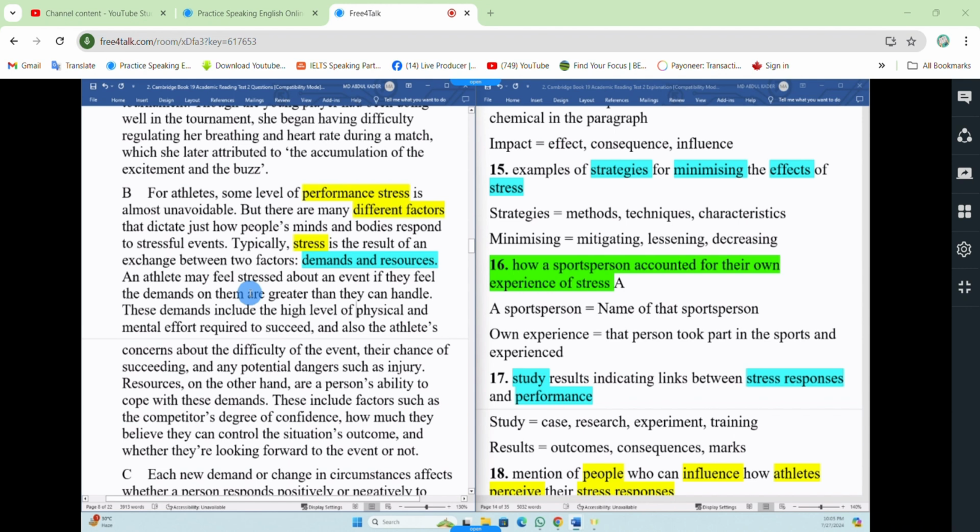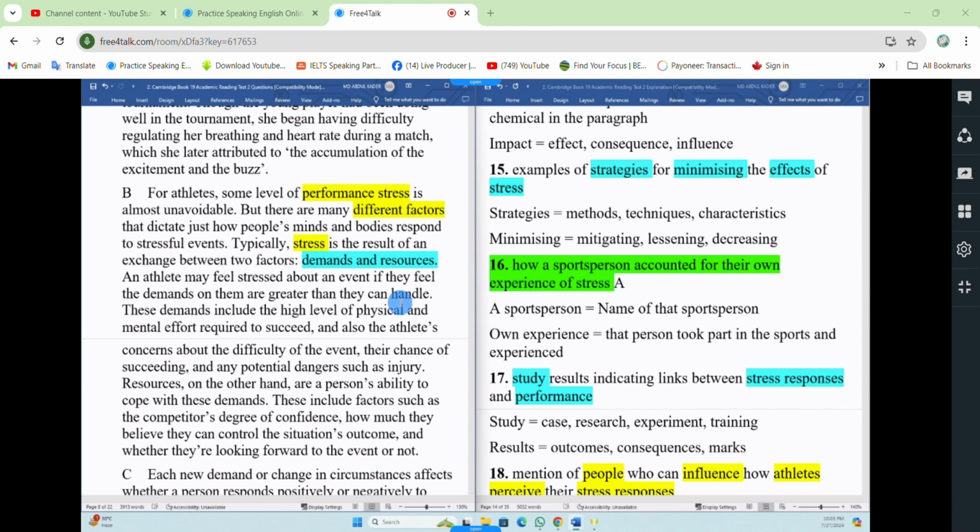An athlete may feel stressed about an event if they feel the demands on them are greater than they can handle. For example, you can run 5 kilometers within 1 hour, but the demand is huge that you have to run 5 kilometers within 20 minutes.